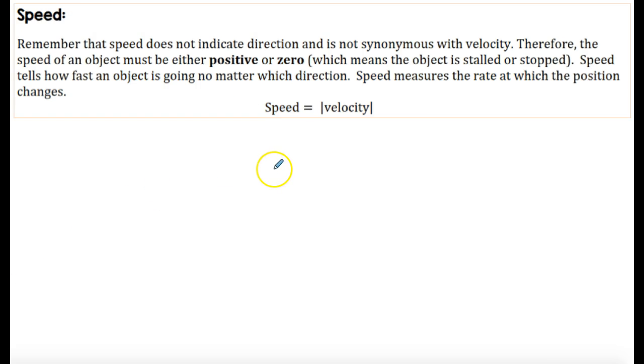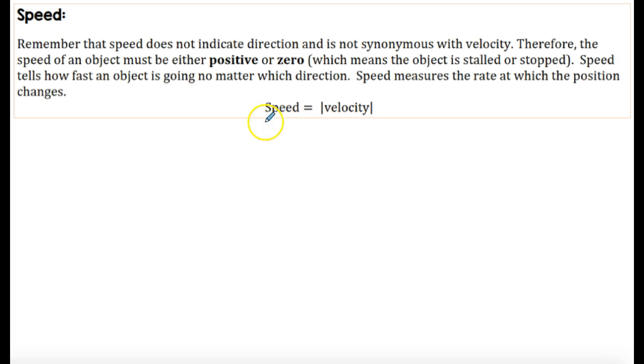All right. So another idea that we're going to look at more in depth tomorrow, but I want to introduce it now, is speed. Now, remember, velocity has direction. Direction matters when we're talking about velocity. Direction does not matter when we're talking about speed. So speed has to be either positive or 0.